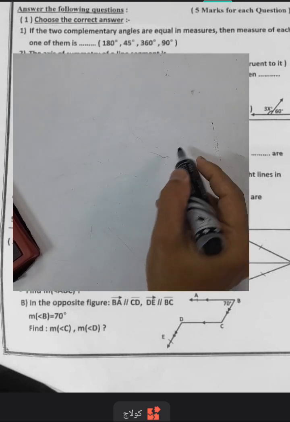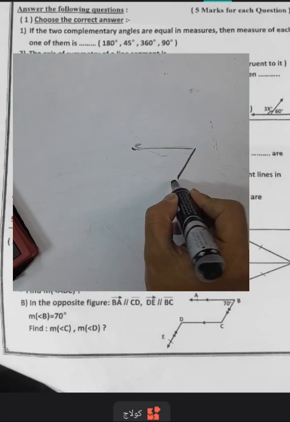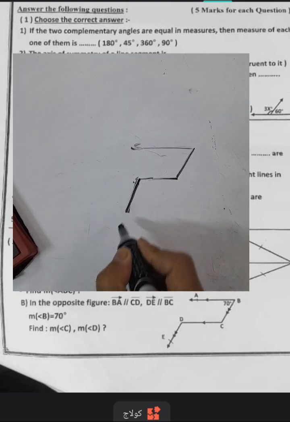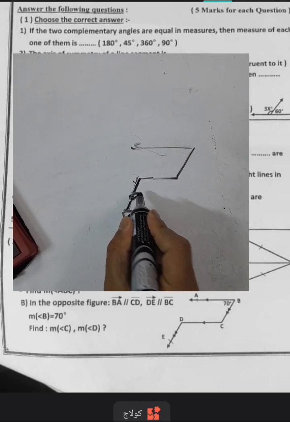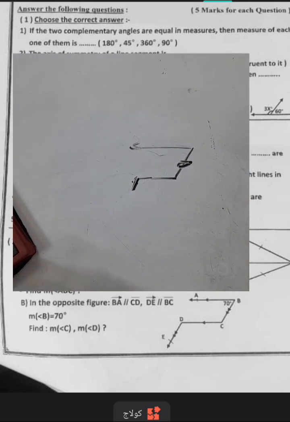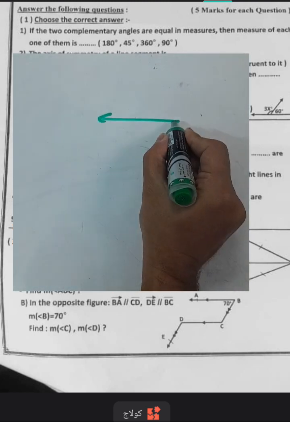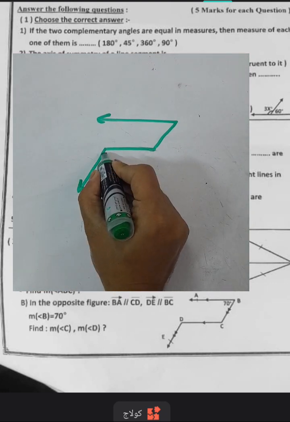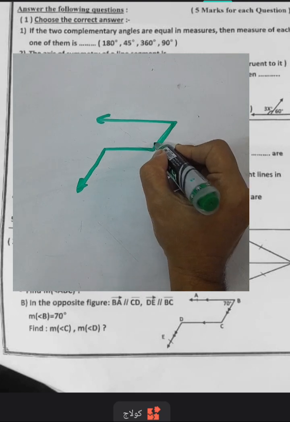Last one here. In this figure, we have a straight line here and a straight line here, and a ray. He gives us two straight lines that are parallel. Pay attention with me again. I will draw the figure here. A ray parallel to the line segment here, and again a ray here parallel to this.